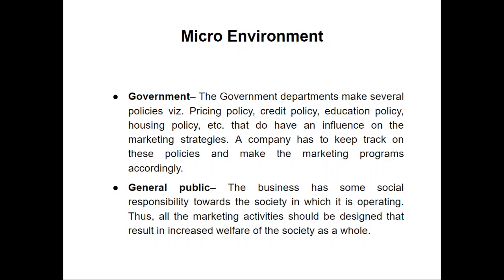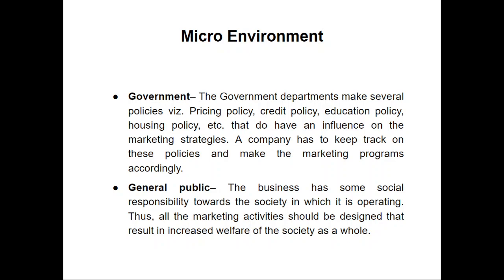The company's functions, the marketing department's functions and its activities, from the goal to the outcome, should all have concepts, policies and prospects that could enhance the well-being of the general public and the society.